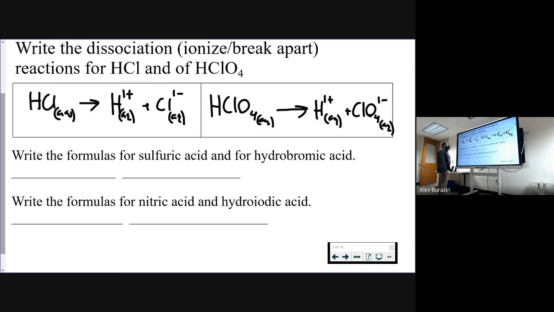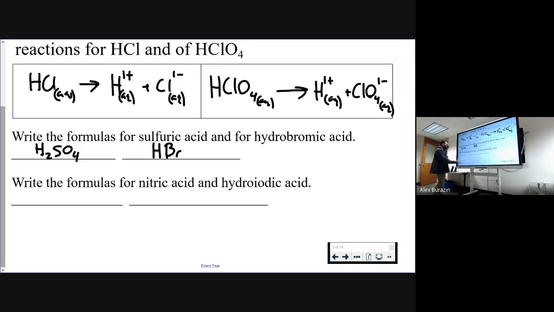What's sulfuric? H2SO4. What's hydrobromic? That's the same structure as hydrochloric, right? We're just changing out the chloric for a bromic. In other words, chlorine and bromine, but same formula, same structure.